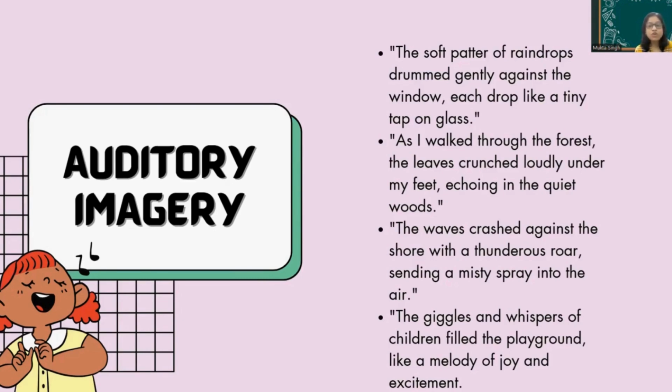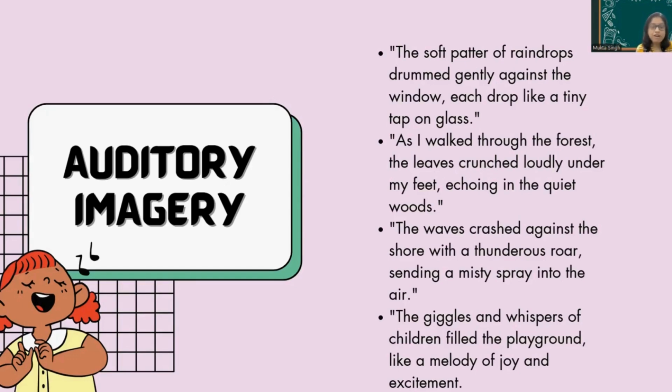Next, as I walked through the forest, the leaves crunched loudly under my feet, echoing in the quiet woods. Next, the waves crashed against the shore with a thunderous roar, sending a misty spray into the air. Suppose the writer writes a simple plain sentence like, I saw the waves on the beach.